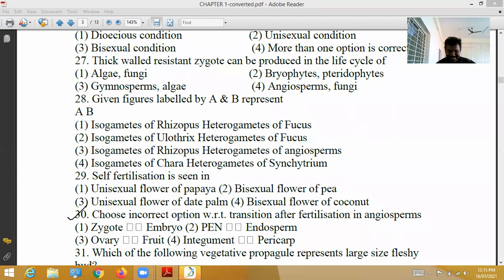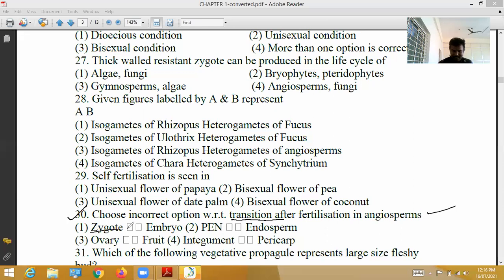Third question: choose the incorrect option with respect to transitions after fertilization in angiosperms. See, they have asked for the incorrect statement.